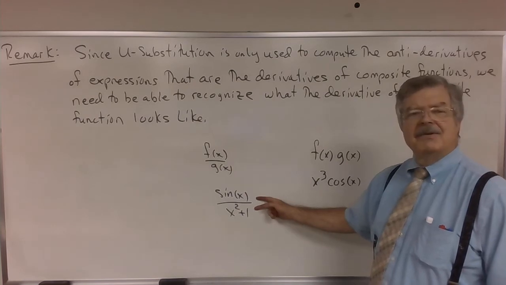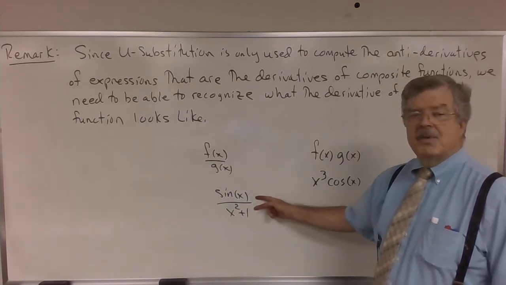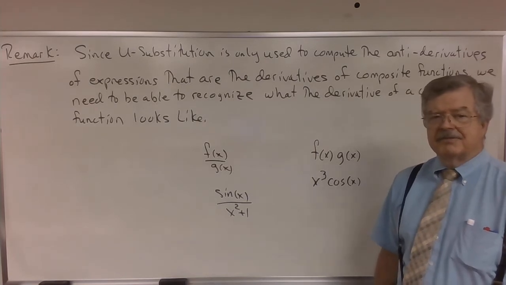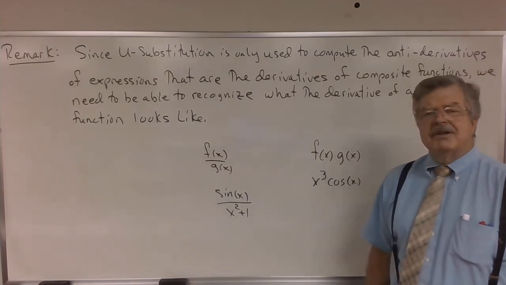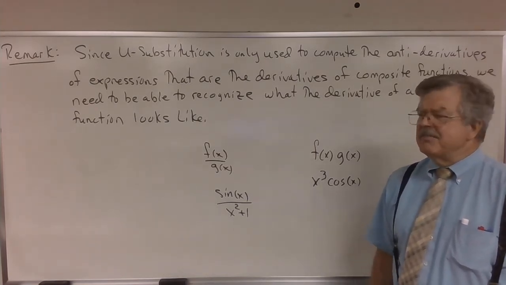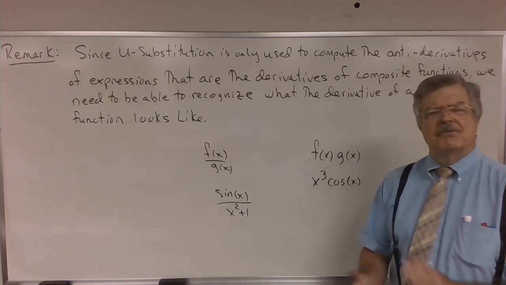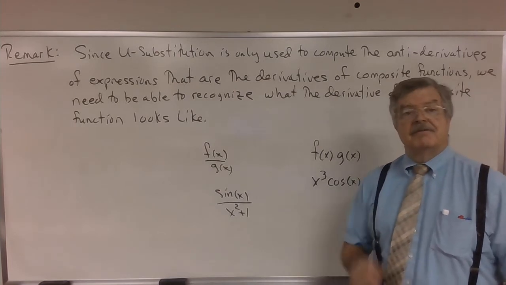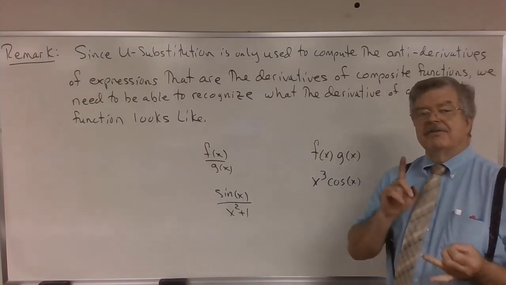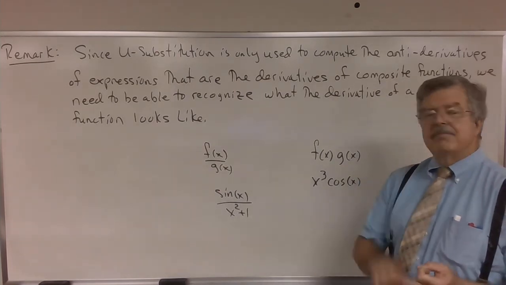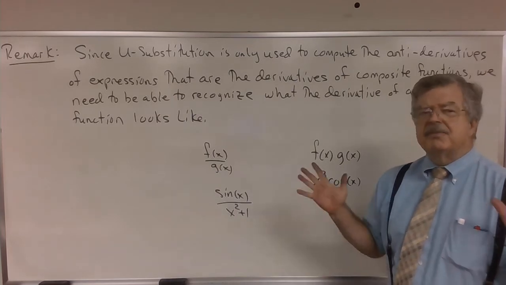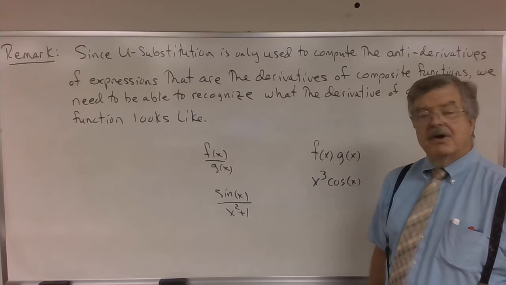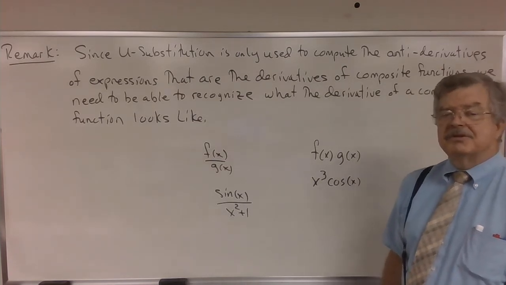We look at it and we say, of course it's a quotient. We're going to use the quotient rule when we compute the derivative of this. So up until now, there's never really been much of a dilemma as far as what rule to use when we compute the derivative of a product or of a quotient or of a composite function, because we know what all of those things look like. And so we know the proper rule to use.